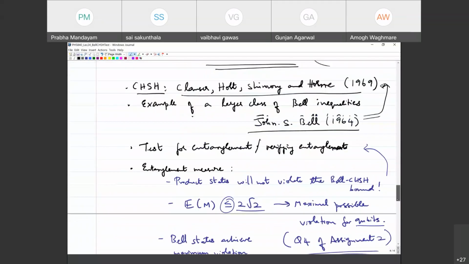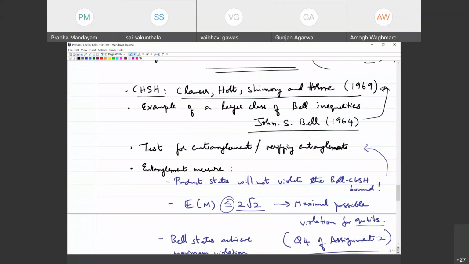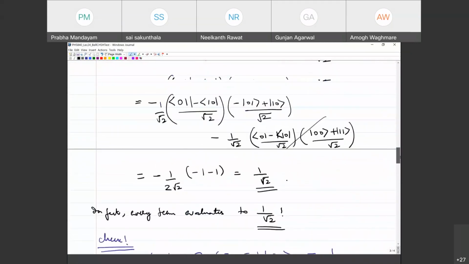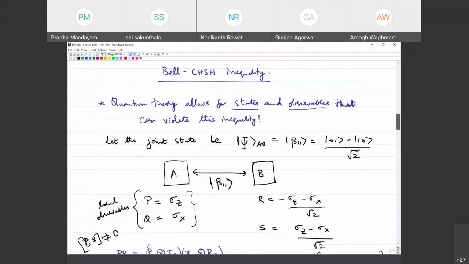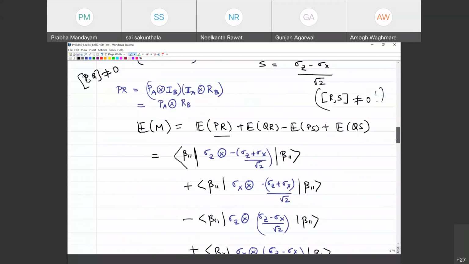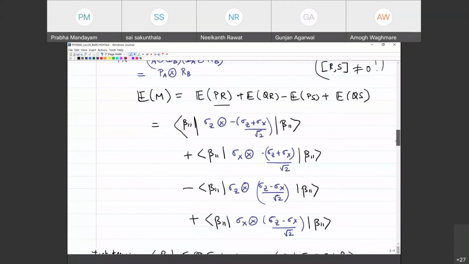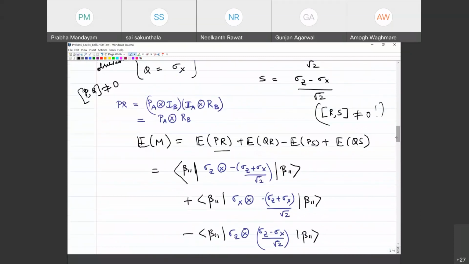Excuse me, ma'am. Yeah. So when we were discussing the classical approach, and we defined the expectation value, there we were working with a joint probability distribution, right? Correct. But when we are evaluating the expectation values in the Bell state, now this is an ensemble expectation notion that we use in quantum mechanics.